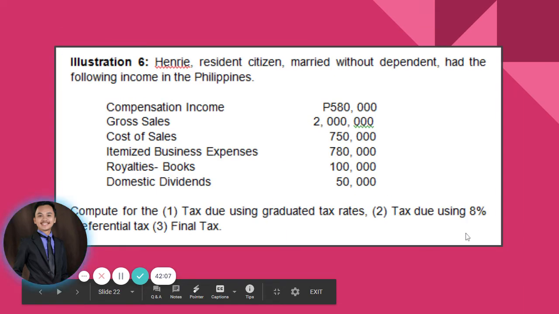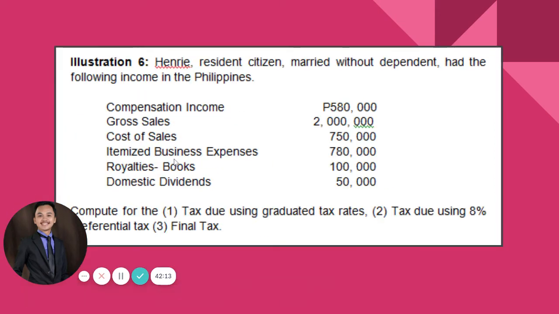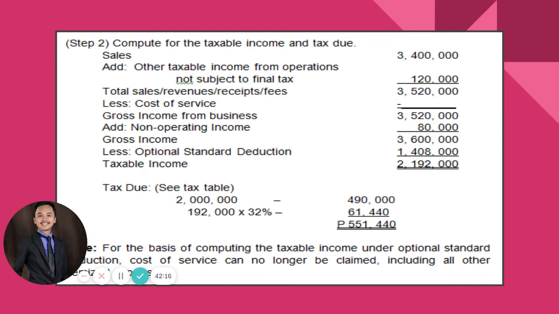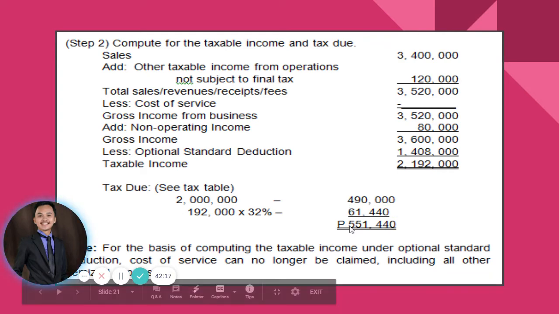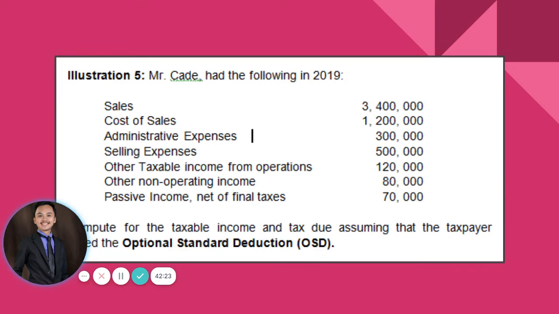So you could also compare, guys, what if the taxpayer opted to use itemized deduction, which is better. So you try to compute it yourself. Since he used OSD here, the tax due is 551,400. But let's say he used itemized expenses. The itemized expenses here will be your 1.2 million, your administrative expenses of 300, and selling expenses of 500,000.